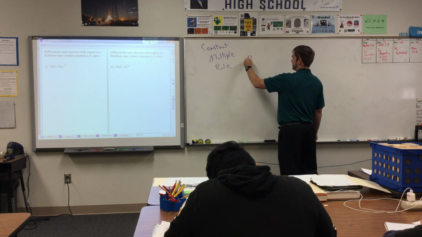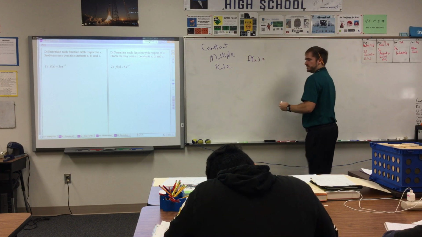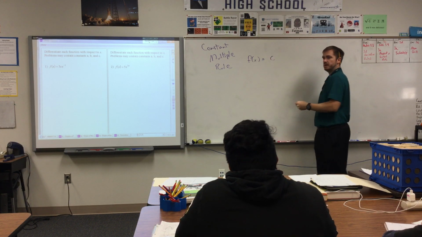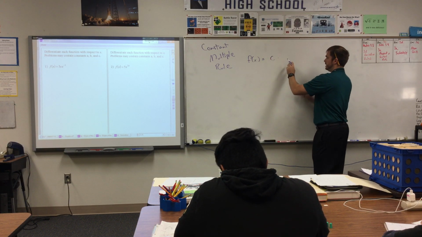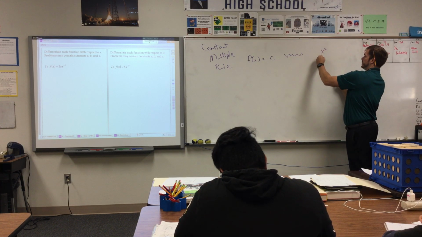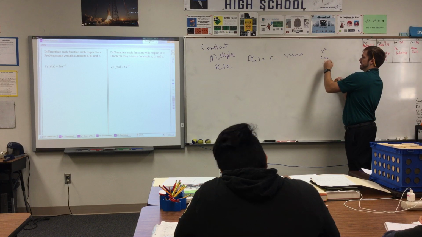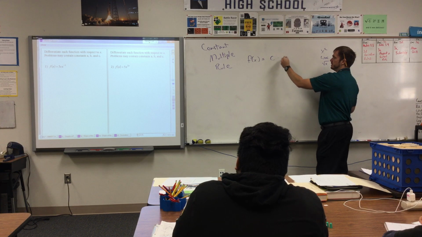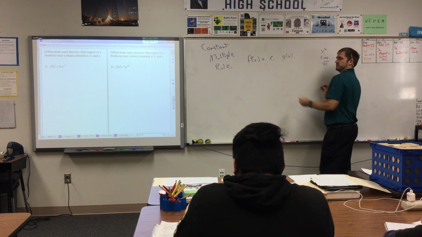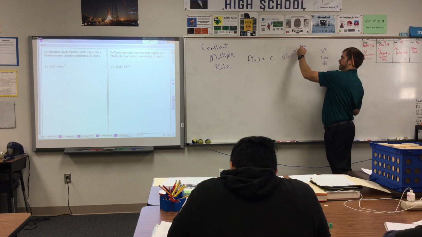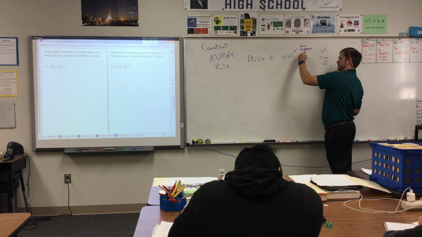Let's say that you have f of x is equal to some constant, some number, c, times blah, blah, blah. I don't care what it is. It could be x squared, it could be sine, it could be the square root of x. But instead of writing blah, blah, blah, because that's not very mathematical, I'm going to write g of x, which means some expression or function of x.